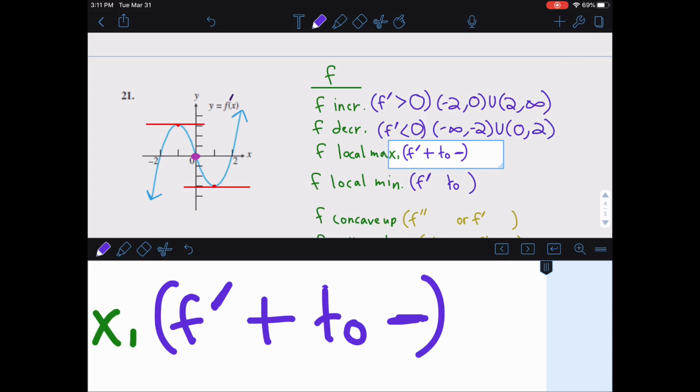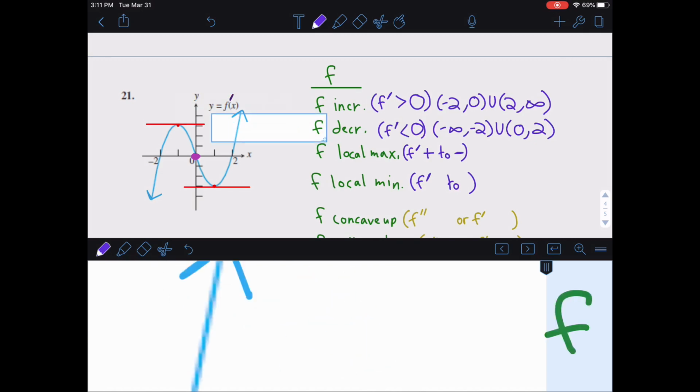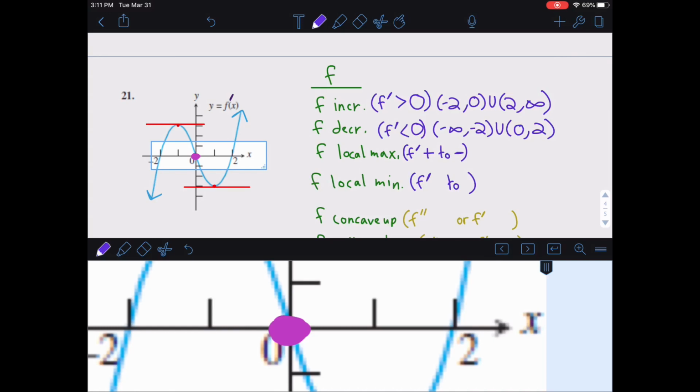So if I look at this graph for f prime, where does this graph go from positive to negative values? Again, I'm not looking to see where f prime goes from increasing to decreasing. I want to see where f prime goes from positive to negative values, and I see one place where that occurs, and that's going to be right here in the middle at x equals 0.